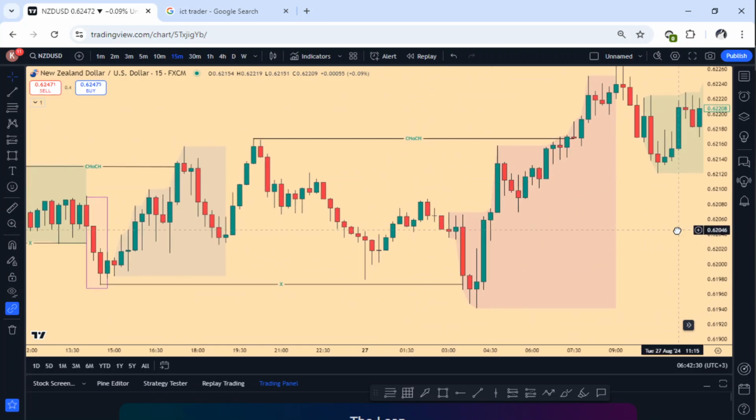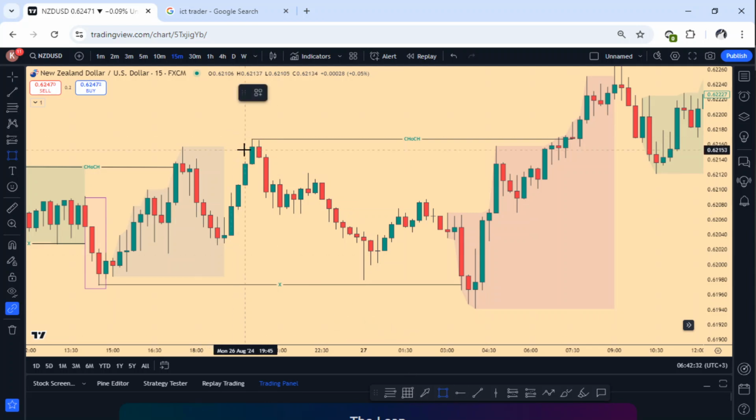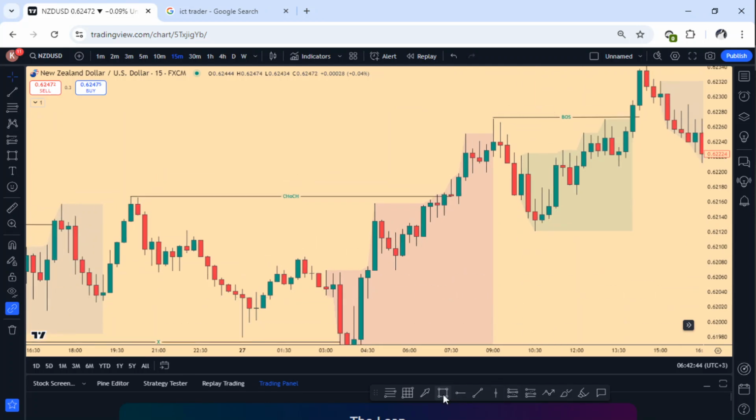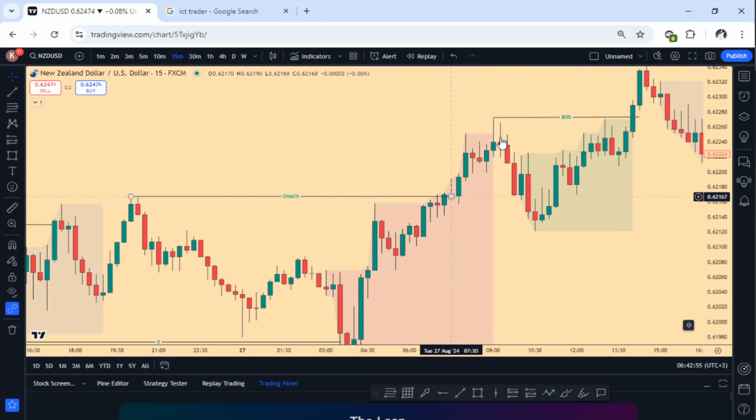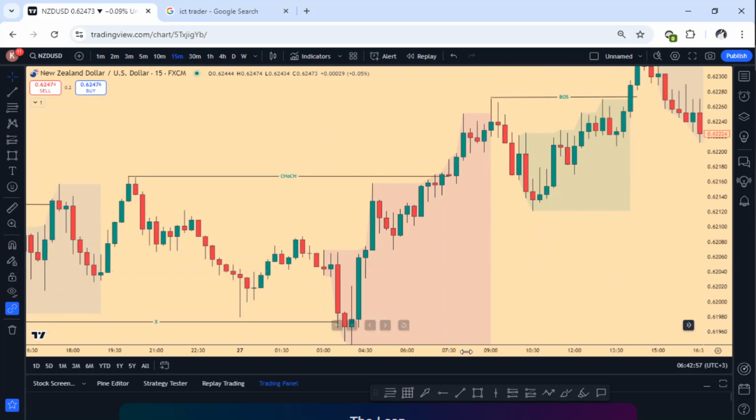Now, out of session again, there was this move here, causing break of structure, showing that it wants to move down. Then it is now betraying others by moving upward. Now look at this again. In between session, there was this down movement here, showing that people are on sells, and then the market is now ready to reverse, to come and maybe fill this imbalance here before moving upward.